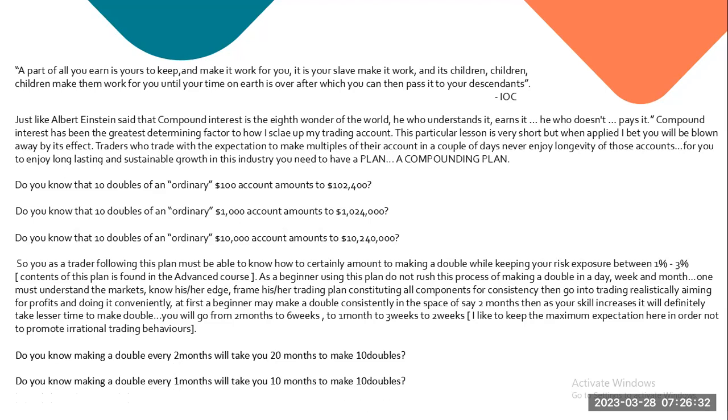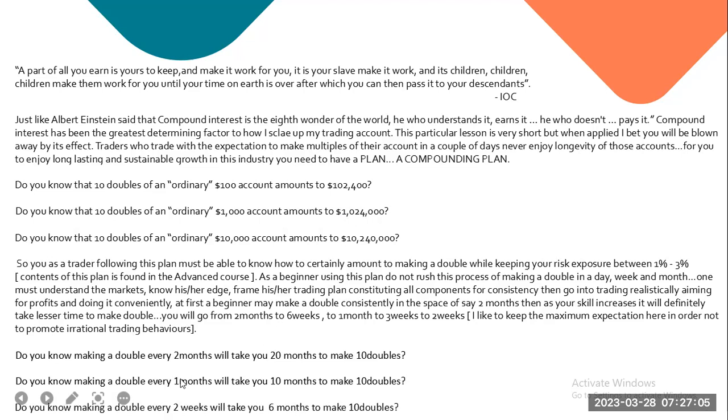Let's go further. If you make a double every 1 month, it will take you 10 months to make 10 doubles. So if you are making 2/10 of your account every 1 month, consistently and conveniently without risking more than between 1 to 3%, it will take you less than a year to take, let's say for now, a $1,000 account to $1 million.